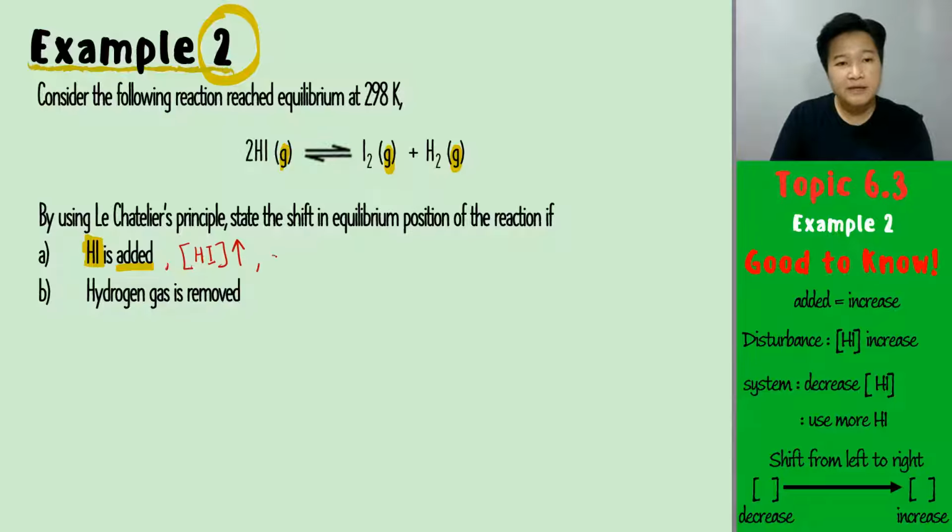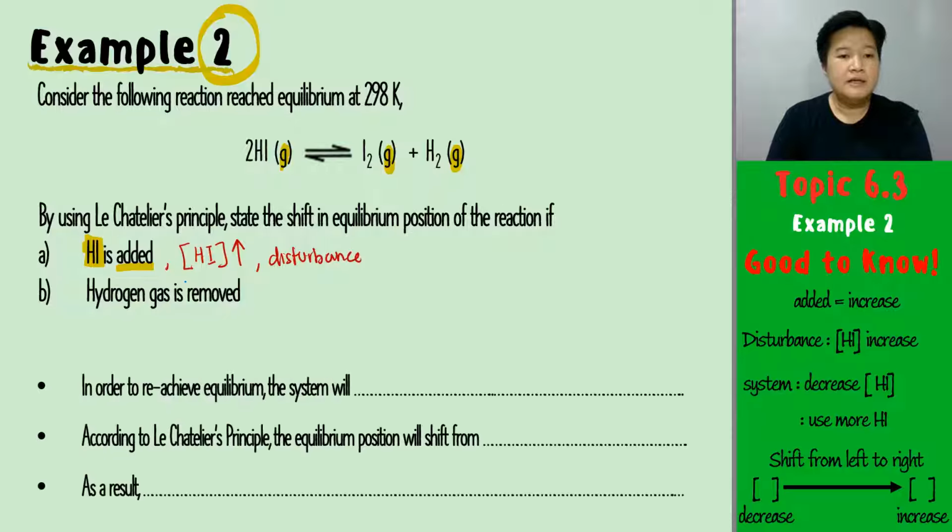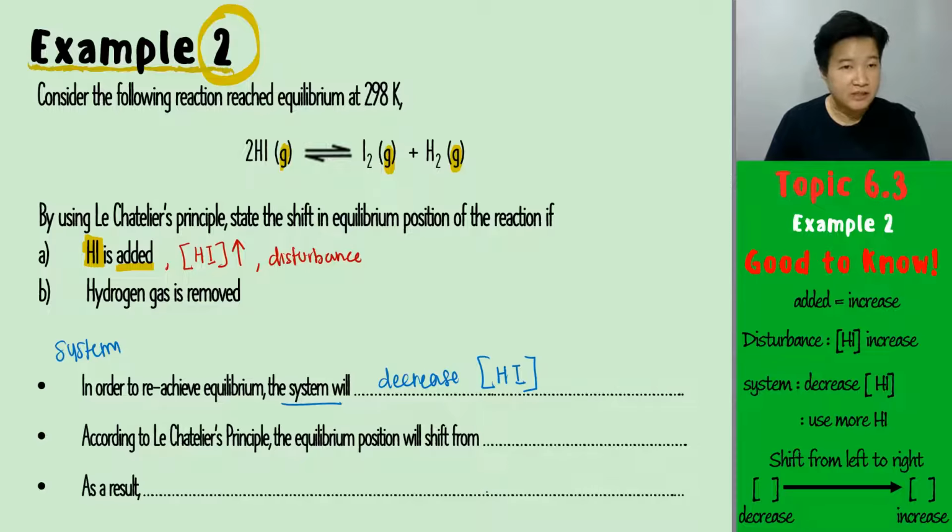And bear that in mind, that is my disturbance. Alright? Since the disturbance is increasing the concentration of HI, what do you think your system will do?